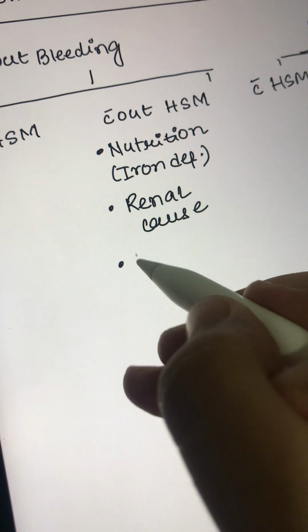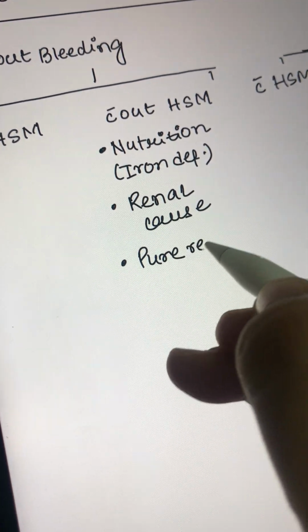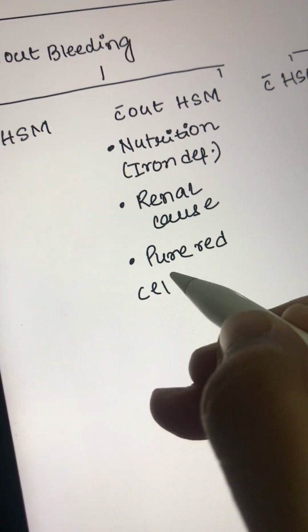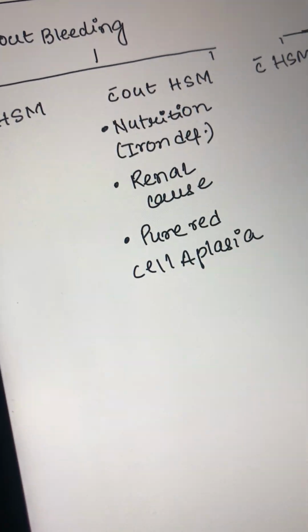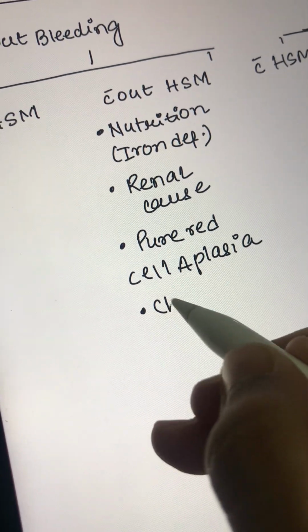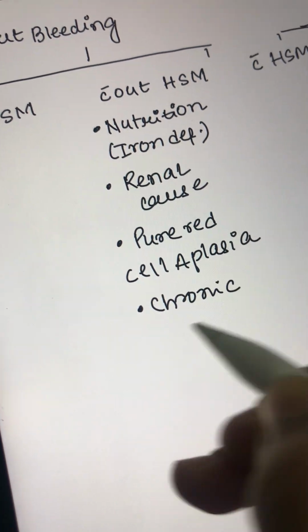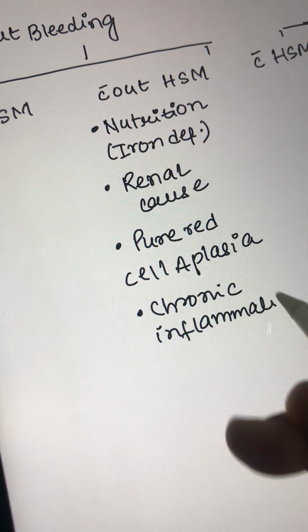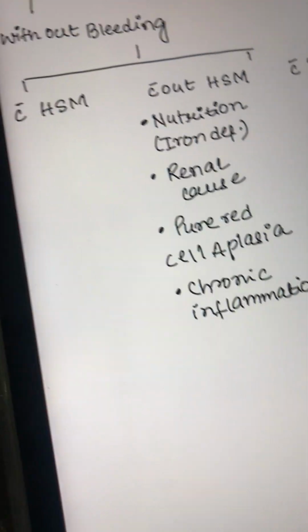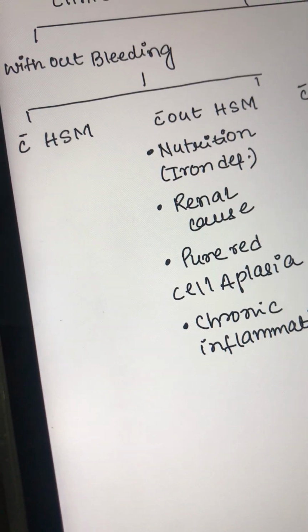Can be pure red cell aplasia, can be chronic inflammation, right? So these are without hepatosplenomegaly.